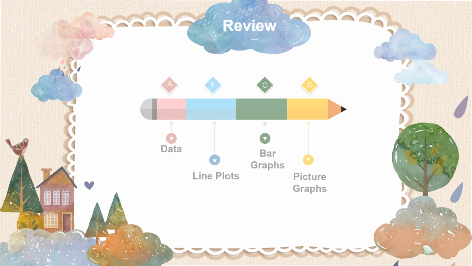In bar graphs, we have bars of different colors, and in picture graphs, we have pictures. And why is it easy to use picture graphs to compare data? Excellent, because of the pictures. The pictures make it easier to compare data.